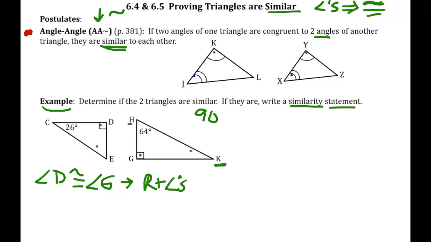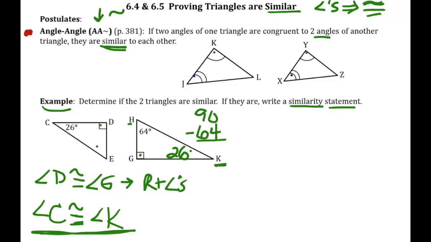So I can take 90 and subtract 64, and I'm going to get 26 degrees. And so now we know that angle C is congruent to angle K. So if you have triangles like this, find out what that third angle in one of those triangles measures. Don't just guess. Make sure you find out so that you can make sure they are congruent. Now I have two congruent angles.